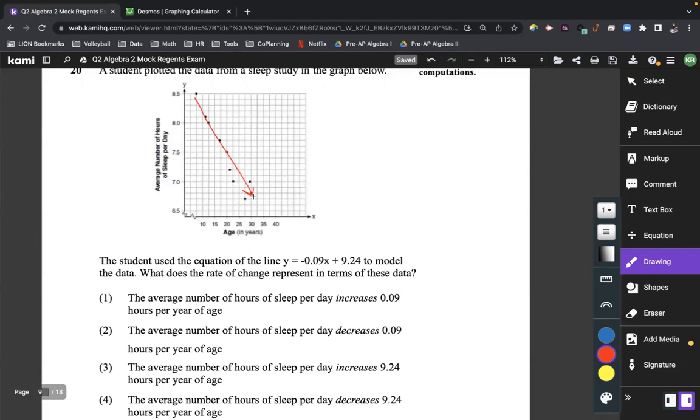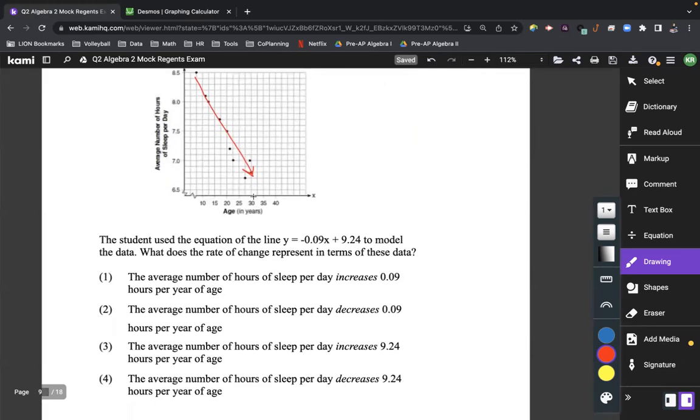Let's look at what this says. The student used the equation y equals negative 0.09x plus 9.24 to model the data. What does the average rate of change represent in terms of these data, right? So I know that my function is moving down, so I can go right ahead and eliminate 1 and 3 because the keyword there is increase, okay?